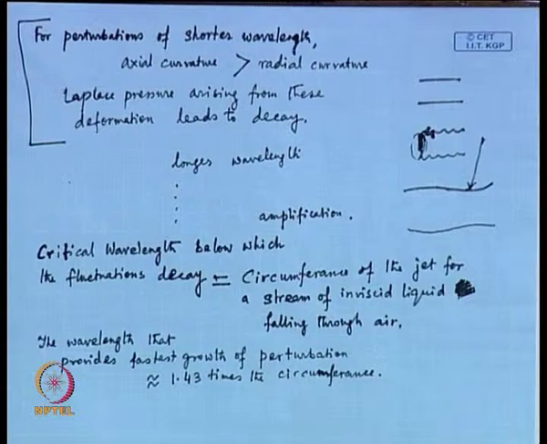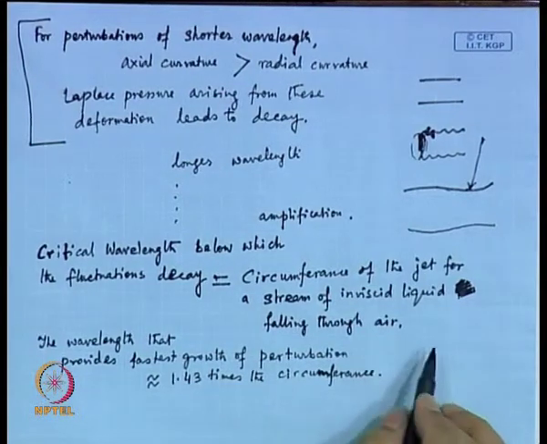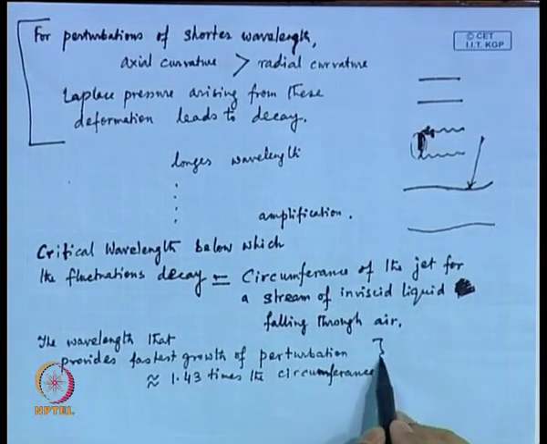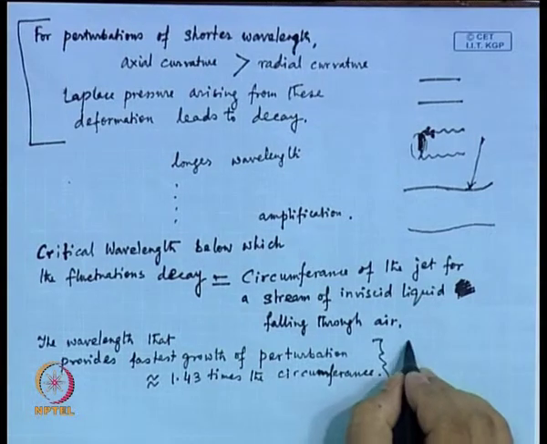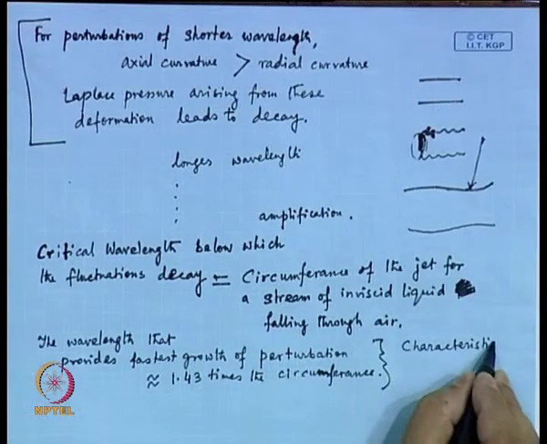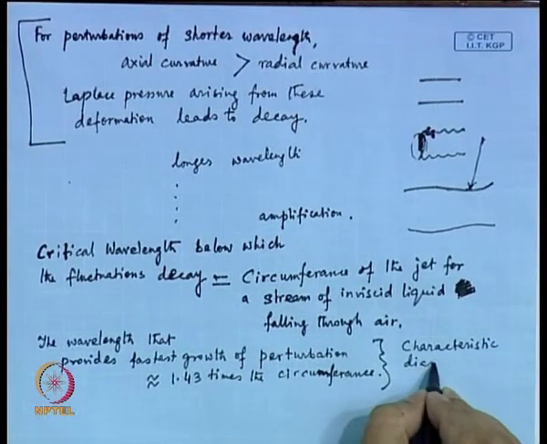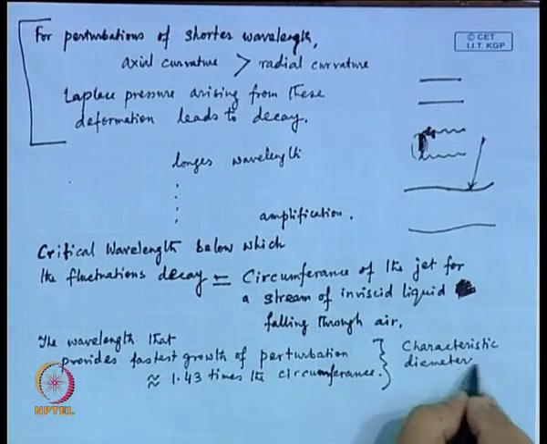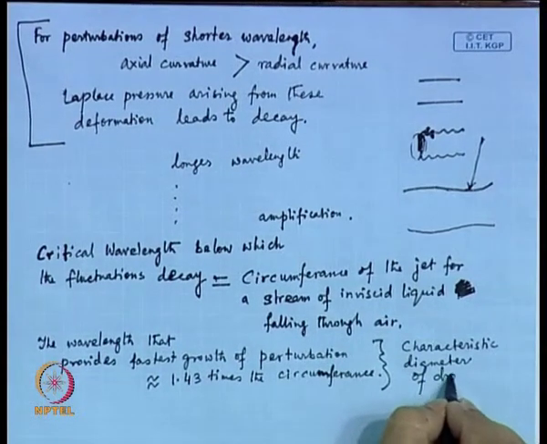So, what these two criteria, more importantly the second criterion, define is the characteristic diameter of droplets.